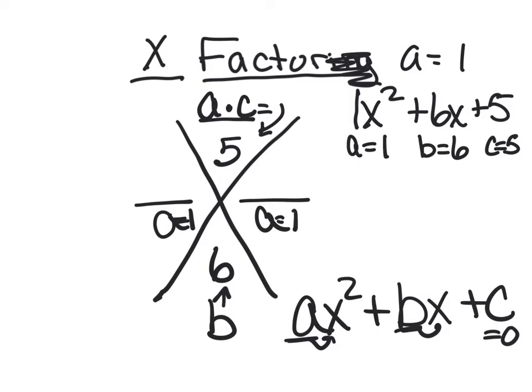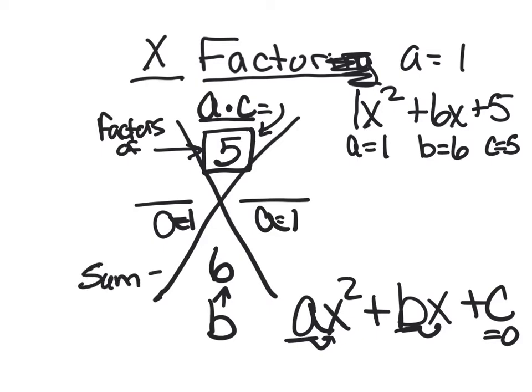All right? So you're going to look for the factors of 5 whose sum is 6. Okay? The factors of 5 that add up to 6.